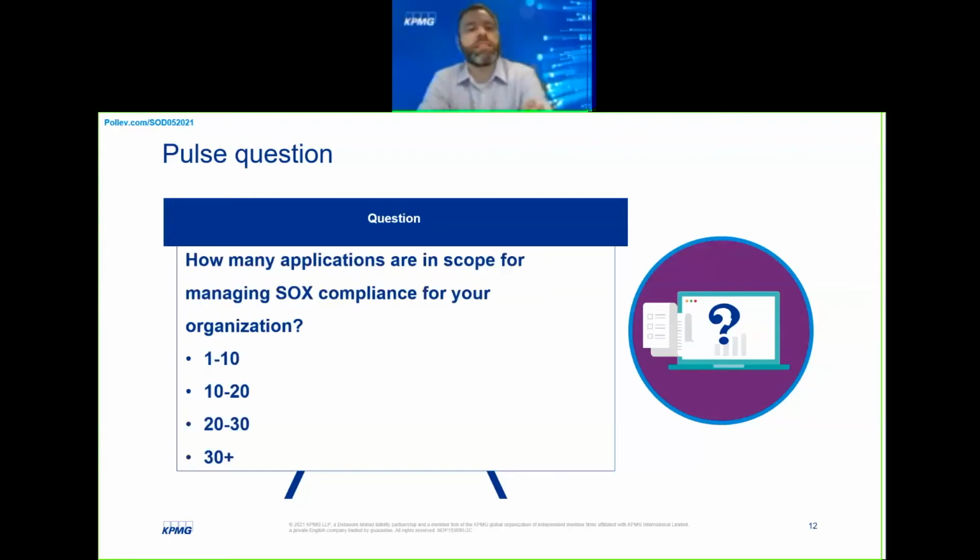Yes, and this kind of gets to the crux of it, right? Now, understanding, as Joe mentioned, this is not about SOX anymore, right? This is about preventing fraud and keeping your data secure. But we think this is a kind of a good litmus test. How many apps are in scope from a SOX standpoint?